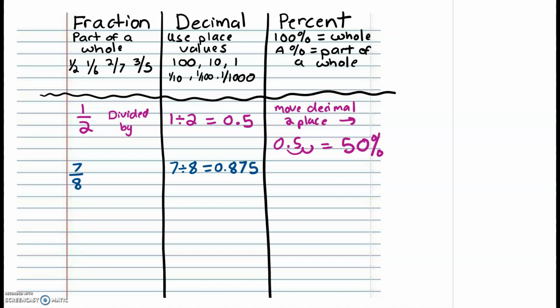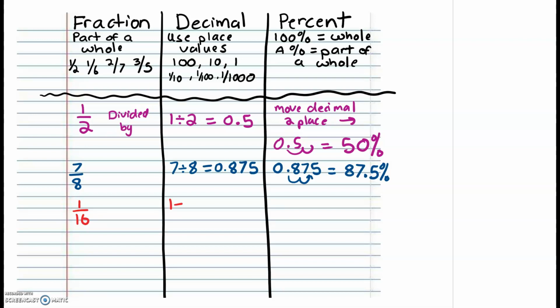And then how would we change that into a percent? Same thing, 0.875. We're going to move our decimal twice, so 1, 2, which would give us 87.5%. All right, so the next example we're going to look at is 1/16. So again, we're starting as a fraction. 1/16.